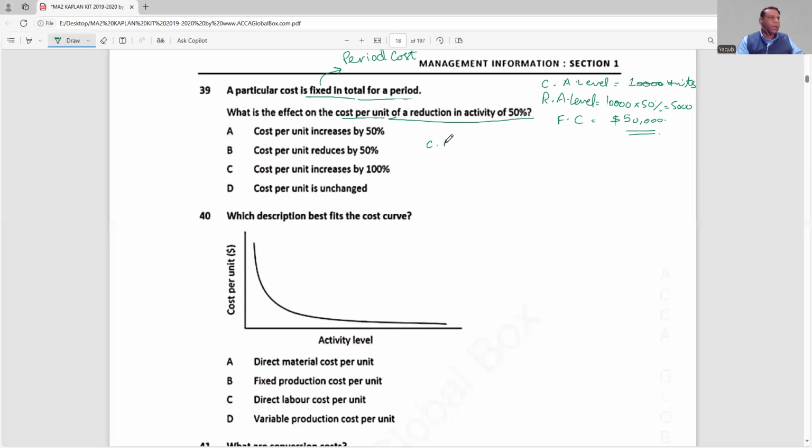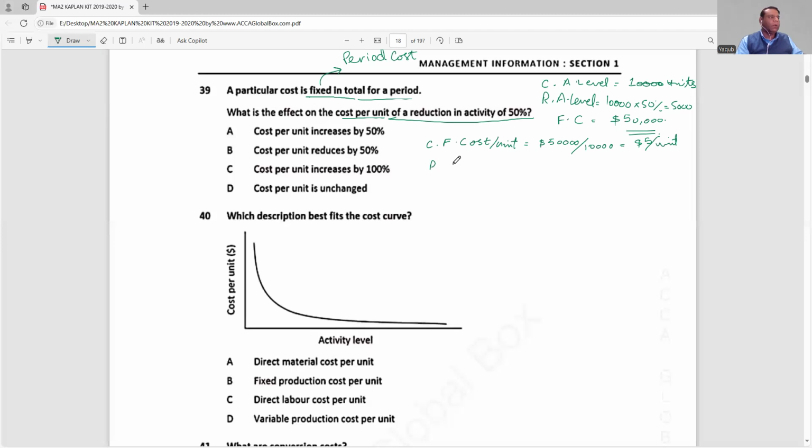Fixed cost is the one which does not vary with the level of activity. So currently the fixed cost per unit is equal to $50,000 divided by the current activity level of 10,000, so we have $5 per unit.